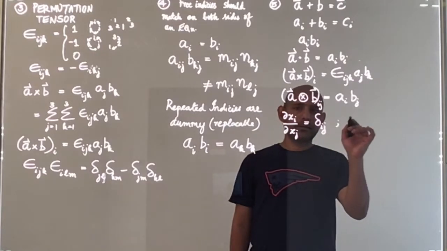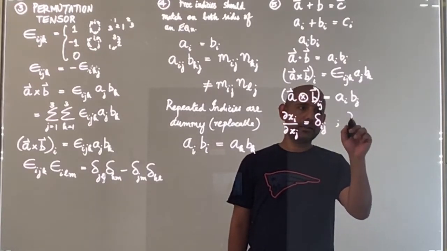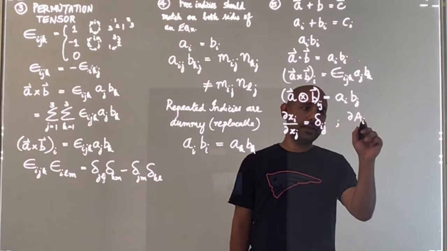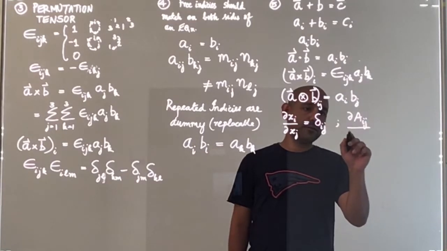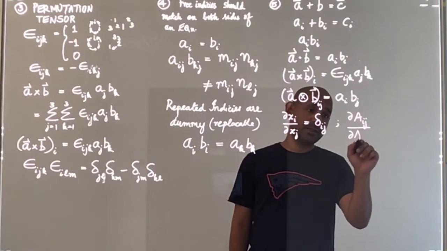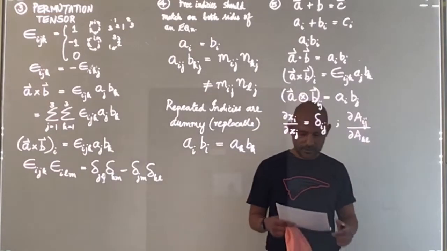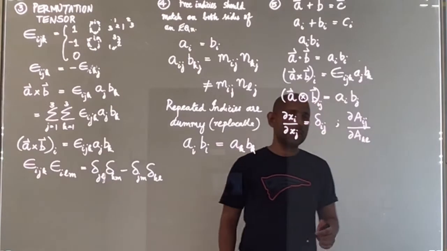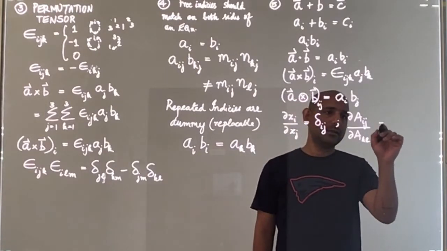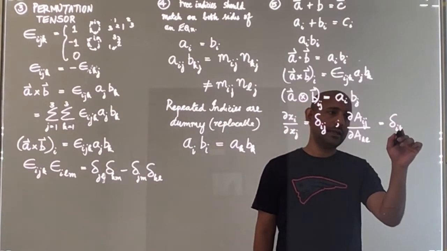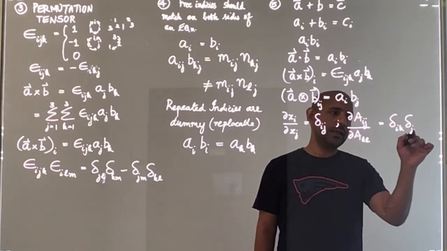Again, in the continuum mechanics class, we will encounter derivatives of two-dimensional objects with respect to themselves: derivative of a_ij with respect to b_kl. And this is equal to delta_ik delta_jl.